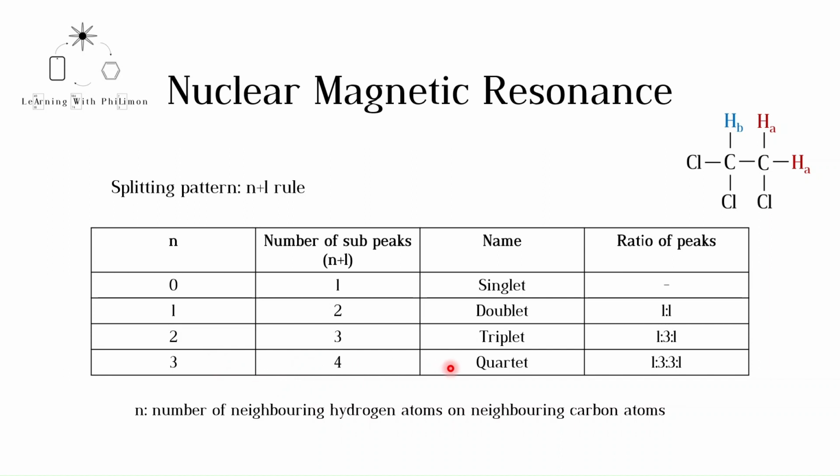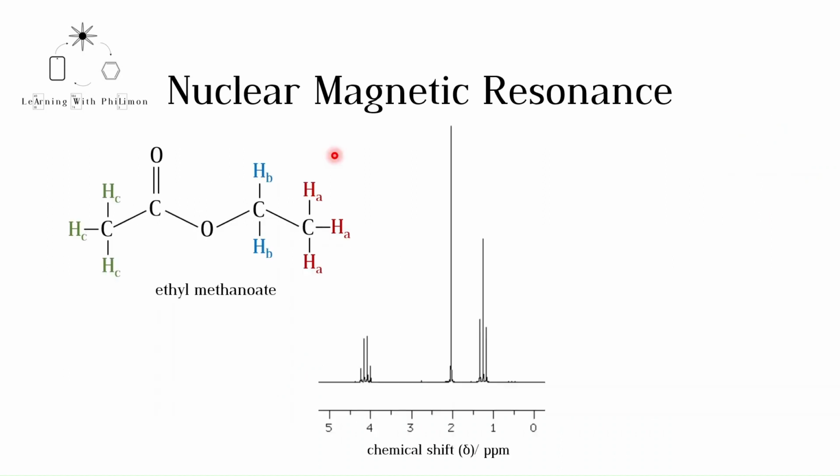Now let's take a look at an example. Here we see the high-resolution 1H NMR spectrum of ethyl methanoate. There are 3 chemical environments, so 3 peaks in the spectrum. However, we see that some peaks have split into sub-peaks. Let's explain why this is the case. The hydrogens in environment A are the furthest from the electronegative oxygen atom.